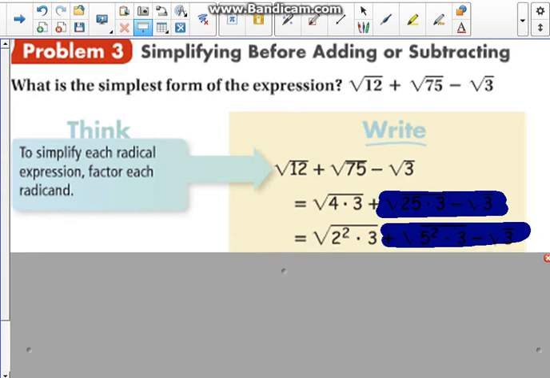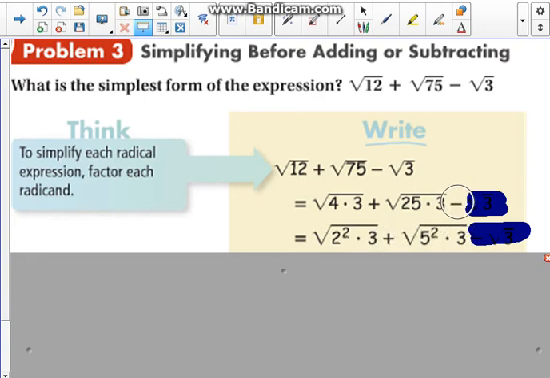So there's that. Now what about 75? Can we use a square factor in that? Well, yes, 25 times 3, correct? And we know that 25 is just 5 squared. And subtraction of radical 3, not anything we can do with that. It just stays the same, just carry it down.